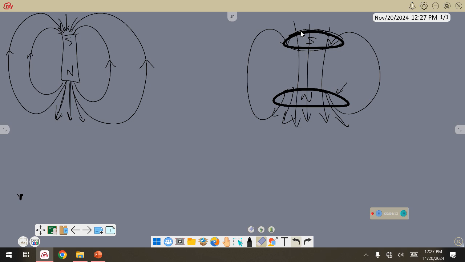You'll notice that the bar magnet has a very similar look to a single positive and a single negative in terms of electric field. Very similar, not quite the same. But if I use a horseshoe magnet in its place, a horseshoe magnet is probably what you see most often in the cartoons.